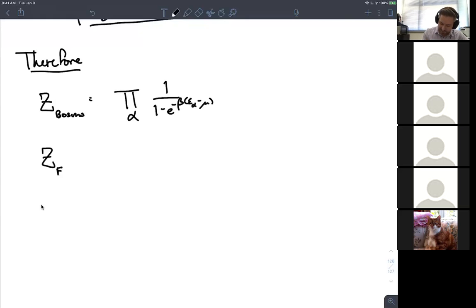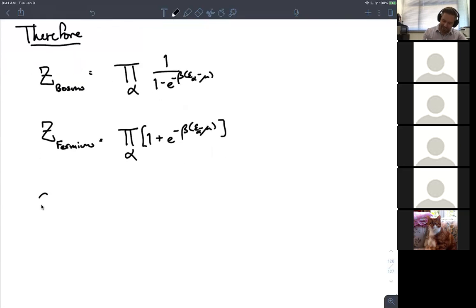Similarly, for fermions, we take this thing we derived, 1 plus e to the minus beta (epsilon sub alpha minus mu), and then you just multiply all the energy levels. So there are our grand partition functions. That wasn't so painful, was it? No, not so bad.